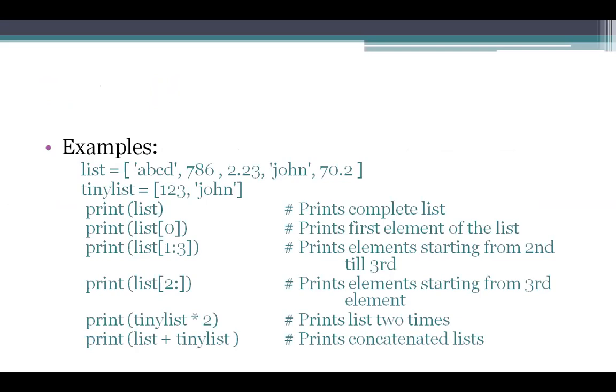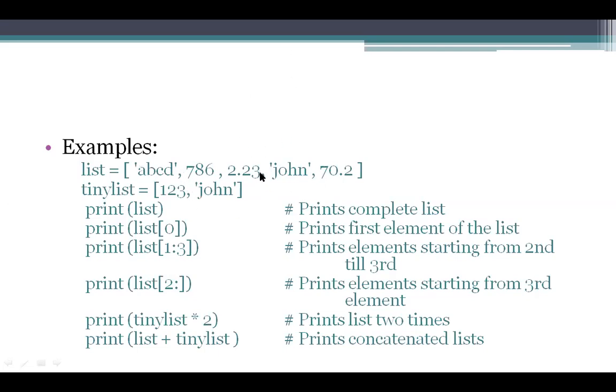Let's see some examples. As I have told, the items are enclosed within square brackets, and it can have any type of items in it. Here we can see a string, an integer, and a floating point value, so it can be a collection of any type.